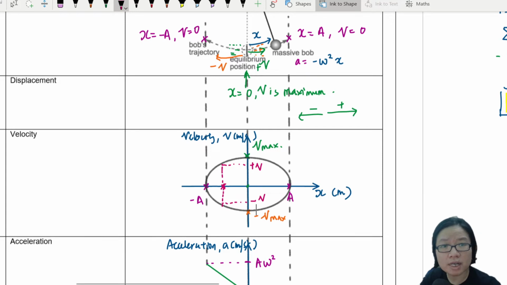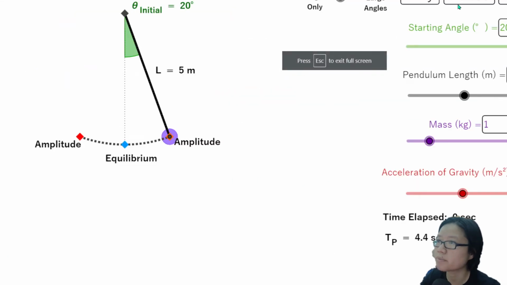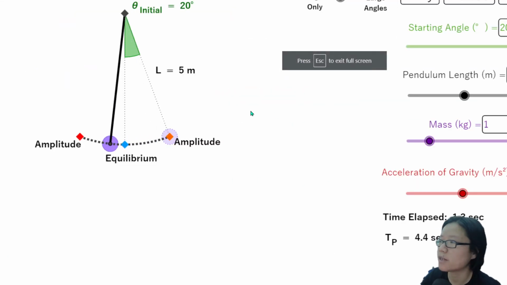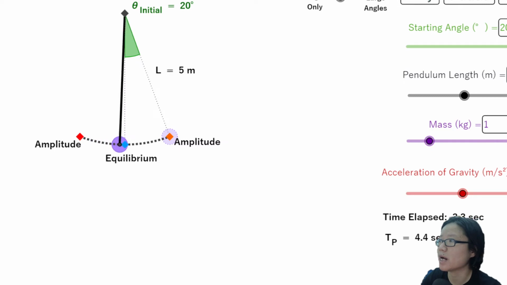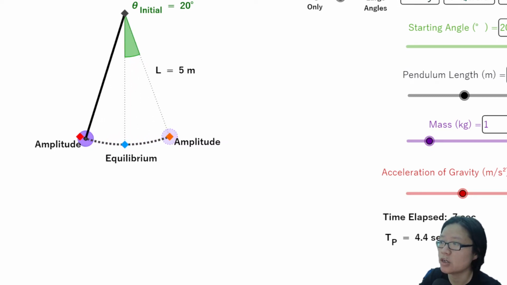Well, if you think about the pendulum, let's say we stare at this pendulum. It could be on the way down. It could be on the way up. We don't know. So let's say I take the middle point here, which is where I drew on the graph right here.